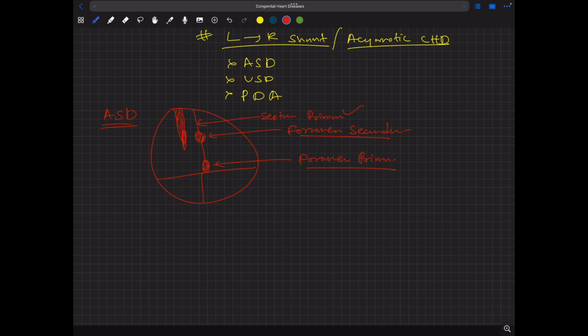Septum secundum develops like this, and there is also a foramen present in septum secundum. This foramen is called foramen ovale.